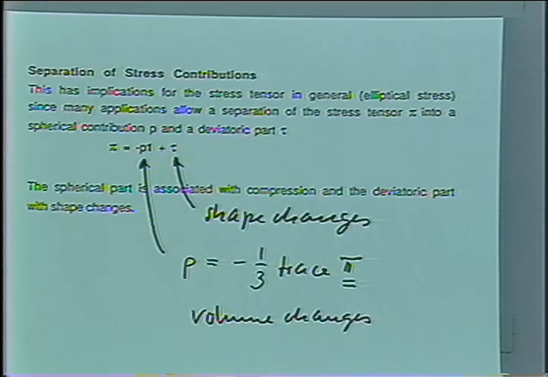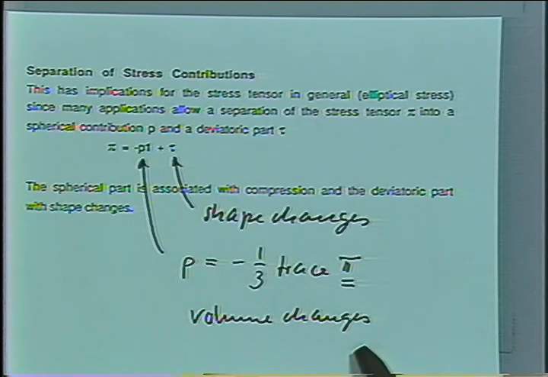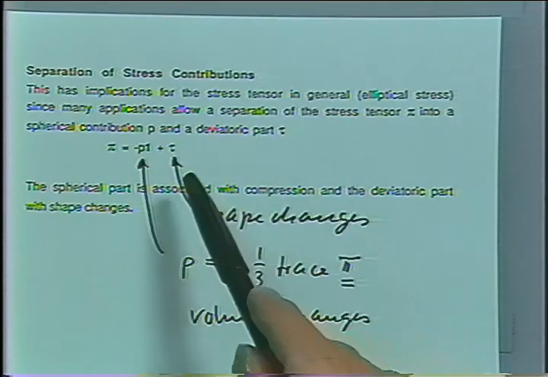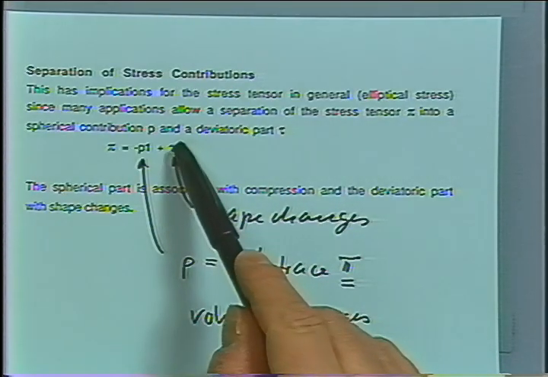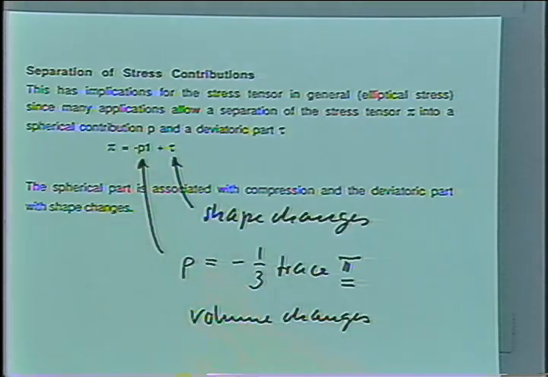And it's the source for a simplification of constitutive equations. As soon as we say that volume changes are negligible in our system, we have flow at constant volume, at constant density, then the stress is only associated with the shape changes. And we will formulate constitutive equations in terms of the deviatoric stress only, independent of the local stress level.